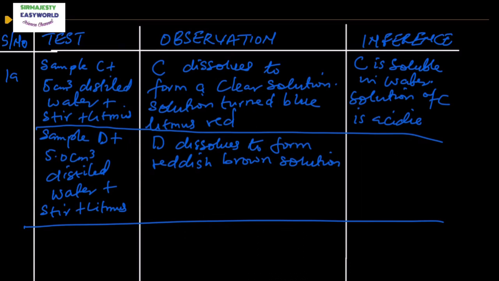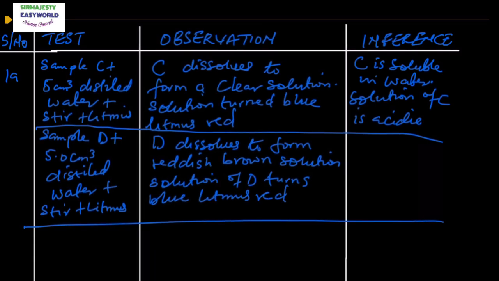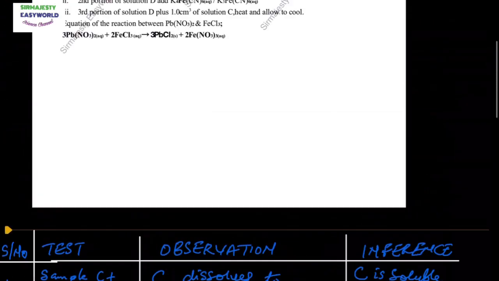It will also turn blue litmus red. Well, you might find it difficult to notice that because of the brown color, but that's the same thing that will happen. Solution of D turns blue litmus red. The same thing you report here. In the exam you don't mark this too good, I want to save time.